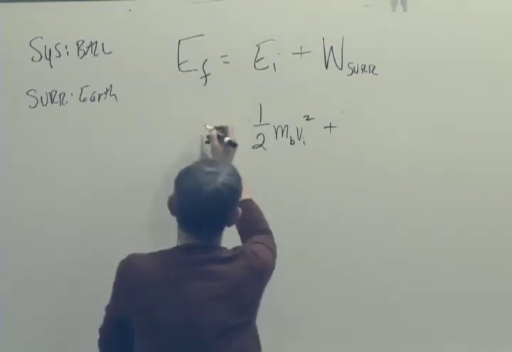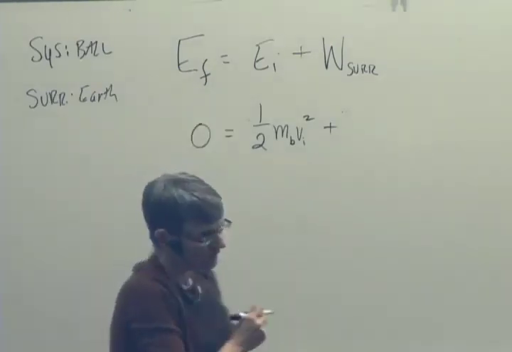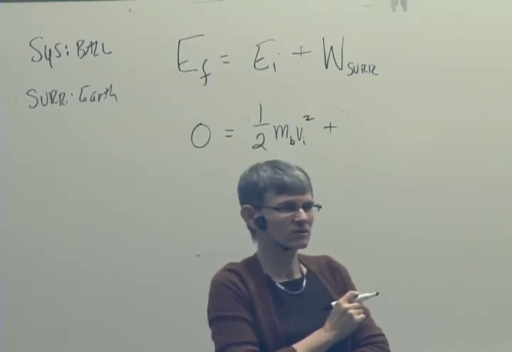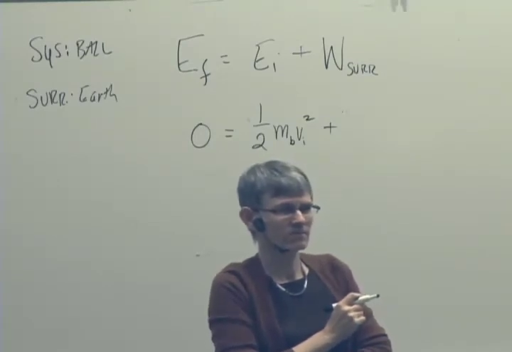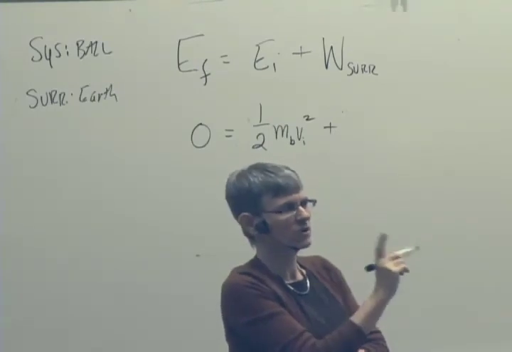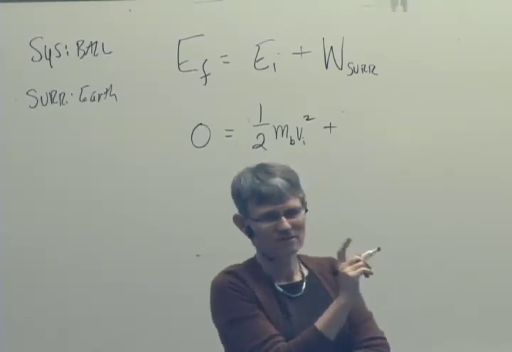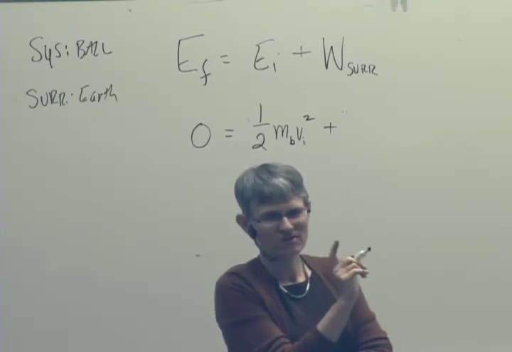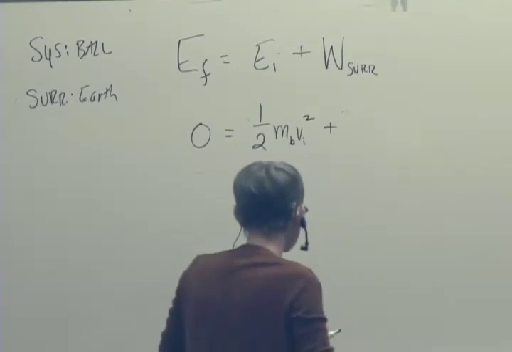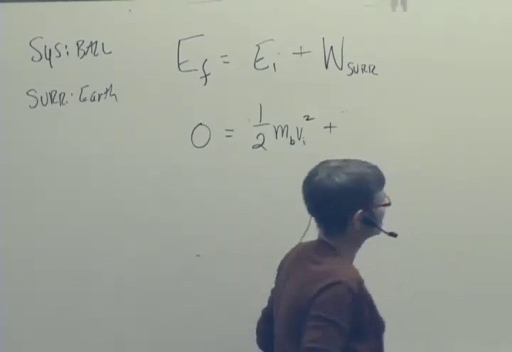Zero. And is there potential energy in this system? No. Why not? Because there's only one object in the system. The Earth is outside. And remember, you have to have pairs of interacting objects inside the system. But we do have work done by the surroundings.